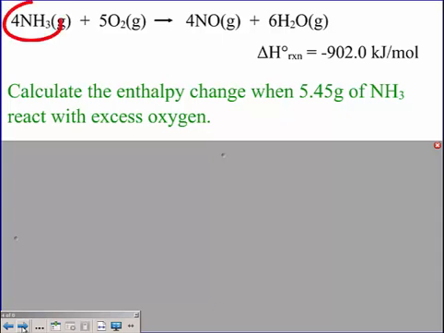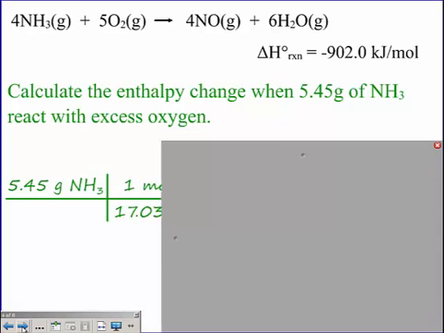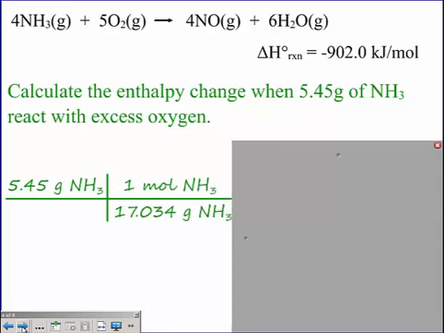For every 4 moles of ammonia that react, 902 kilojoules of heat are released. Before we can use that conversion, though, we'll have to convert from grams of ammonia to moles. Same way as we always do, using the molar mass. 17.034 grams of ammonia equal to 1 mole on top.